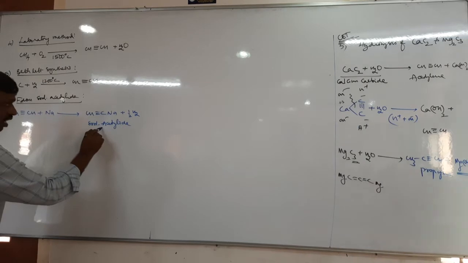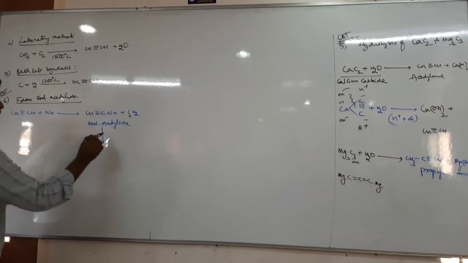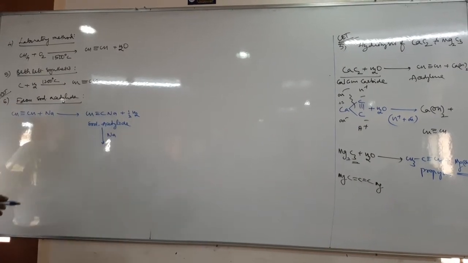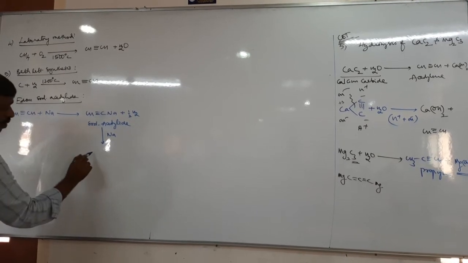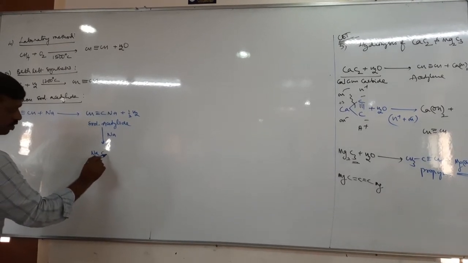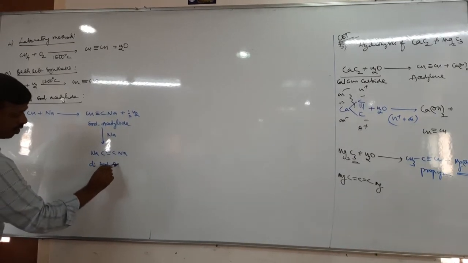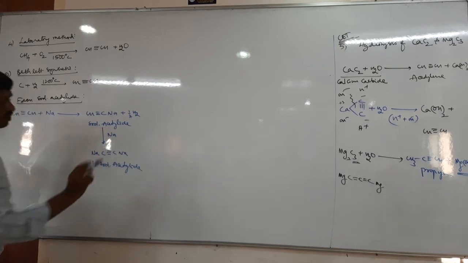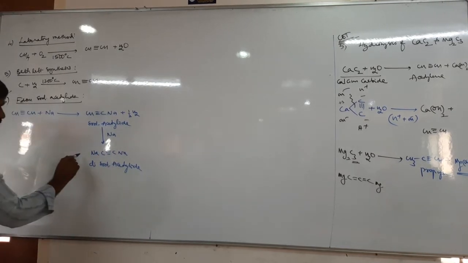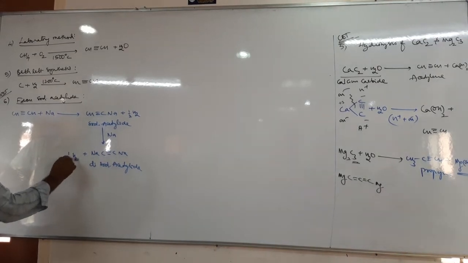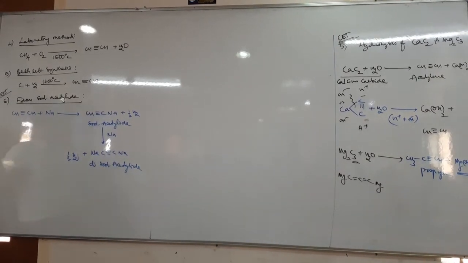This sodium acetylide has another hydrogen, which also reacts with another mole of sodium metal. So this hydrogen is replaced by sodium, which gives rise to disodium acetylide, plus of course half hydrogen gas is liberated. Now tell me, what does this reaction show? This reaction indicates acetylene is of acidic nature.